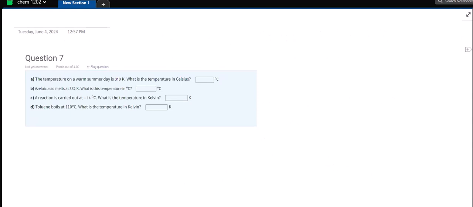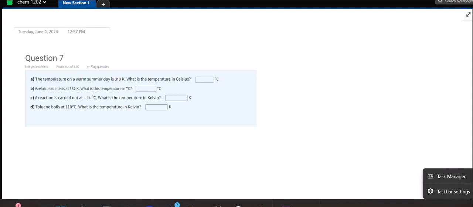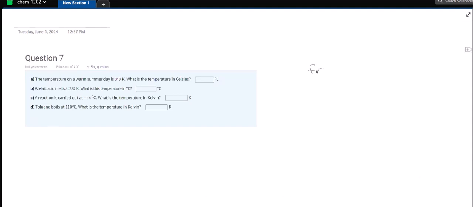Okay, this next one is just converting between Kelvin and Celsius. Now, I don't know if you're supposed to use 273 or 273.15, but to go from Kelvin to Celsius, subtract 273. From Celsius to Kelvin, add 273.